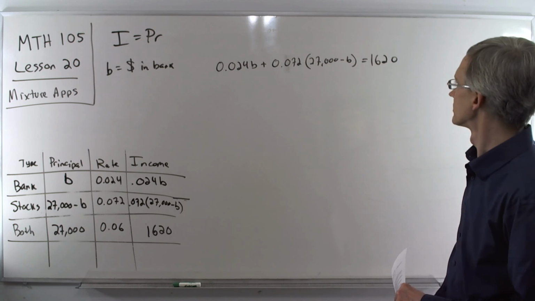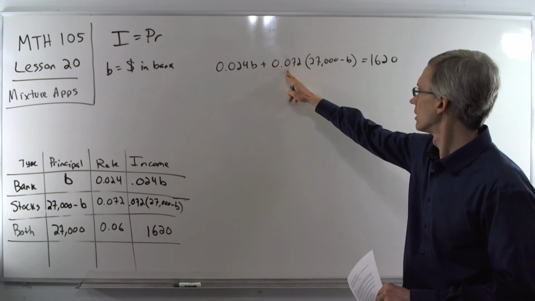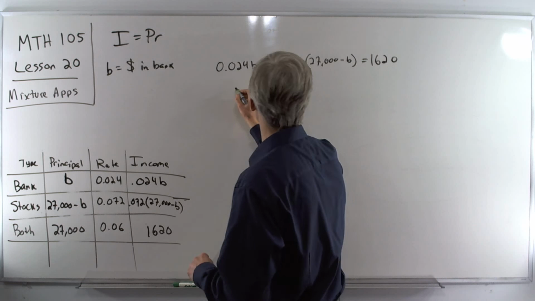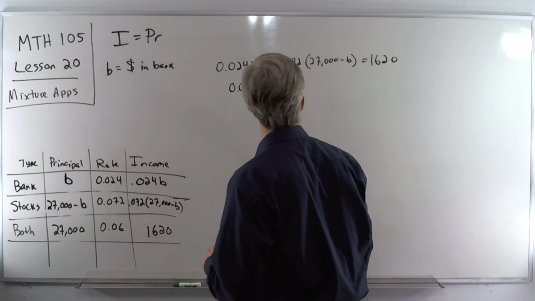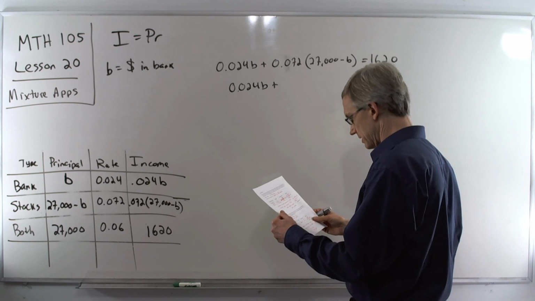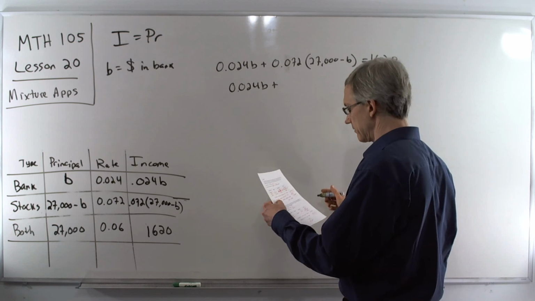And there's the equation we need to solve. So just like with others, start by distributing. 0.072 times 27,000 gives us 1944.